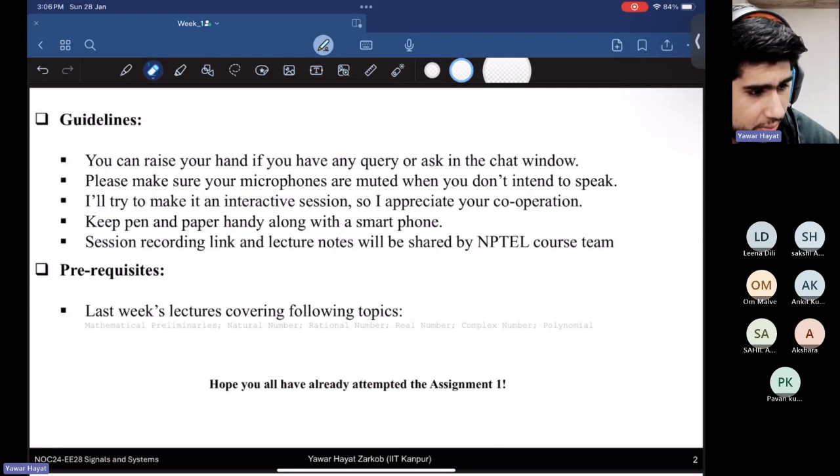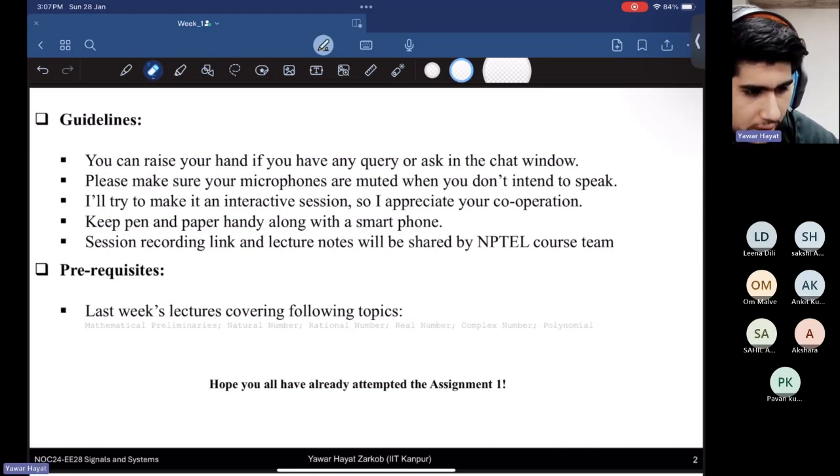Now coming to the prerequisites, I hope you all have gone through last week's lectures that covered the following topics: mathematical preliminaries, the natural number, rational number, real number, complex number, and polynomial functions, covered under this heading of mathematical preliminaries.